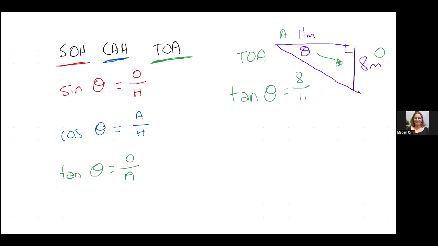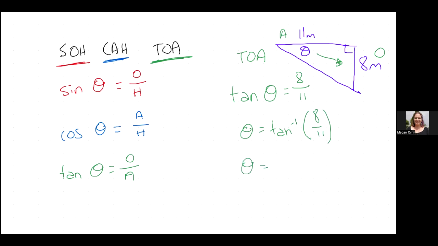On your calculators, there is a shift button, and if you press shift tan, you get tan with a little -1. That means the inverse. So the angle is the inverse tan of 8/11. If you type that into your calculator, it will give you an angle size.